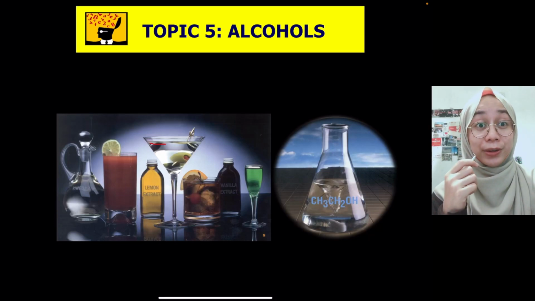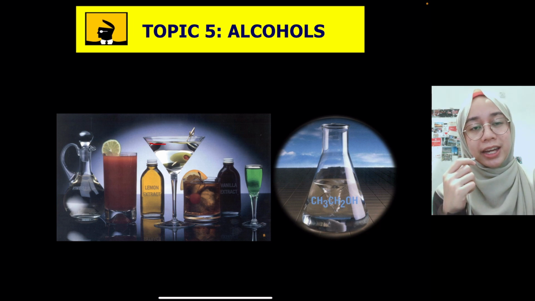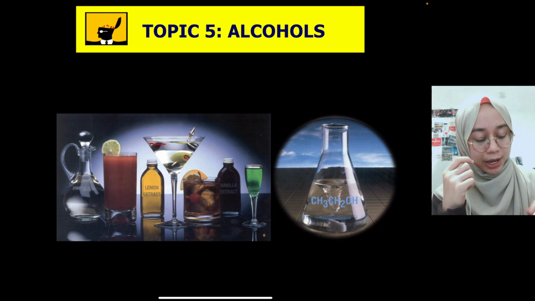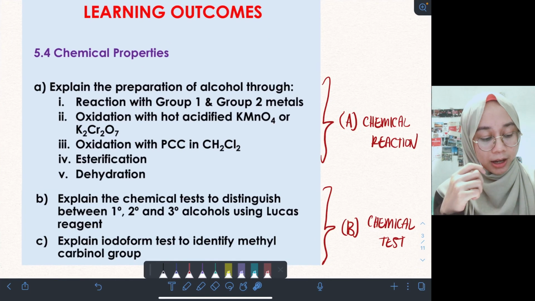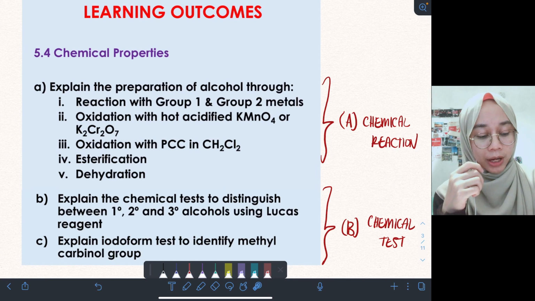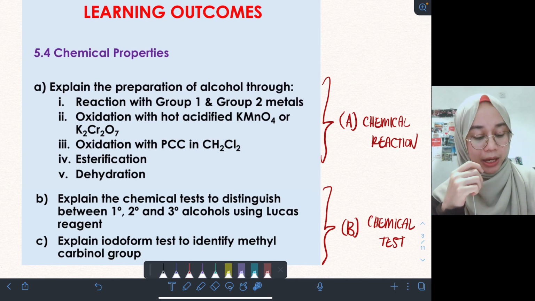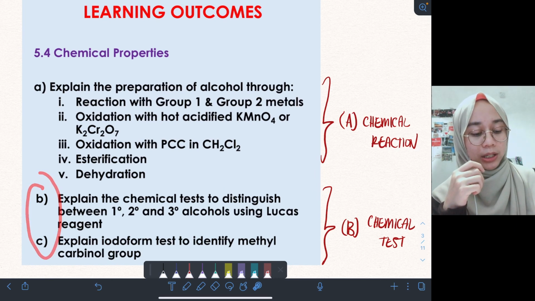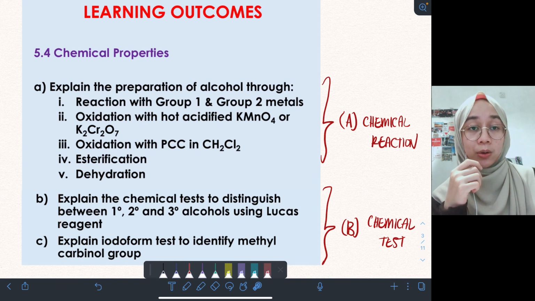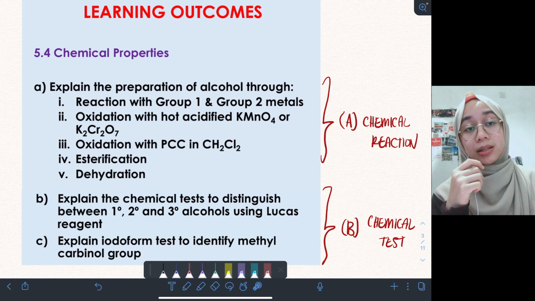So today we are going to continue with the last part of 5.4. We are going to have a look at the chemical test. But first, let's have a look at the learning outcome for today. For today we are going to have a look at B and C. The first one is to explain the chemical test on how we want to distinguish between the classes of alcohols by using the Lucas reagent.